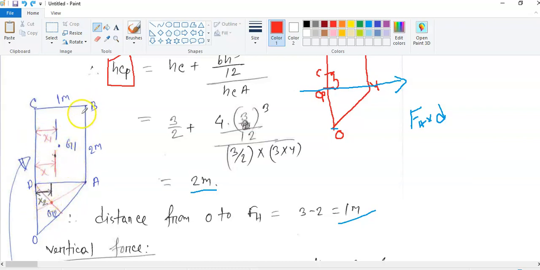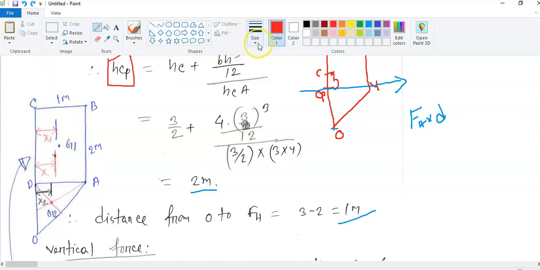Now if we consider the whole object, the centroid may be here, because of this triangle. Initially it was for this rectangle here, and this point is the centroid for this whole domain, and this distance is x. You all know the vertical force will act this way.